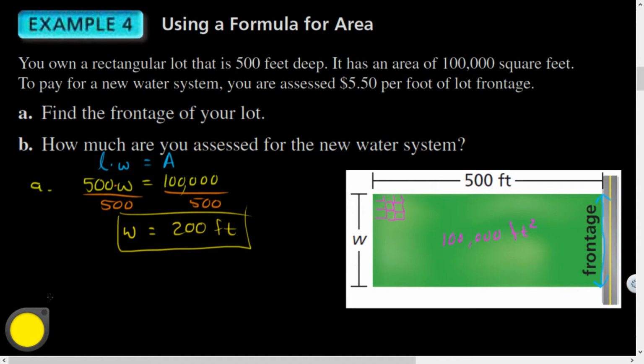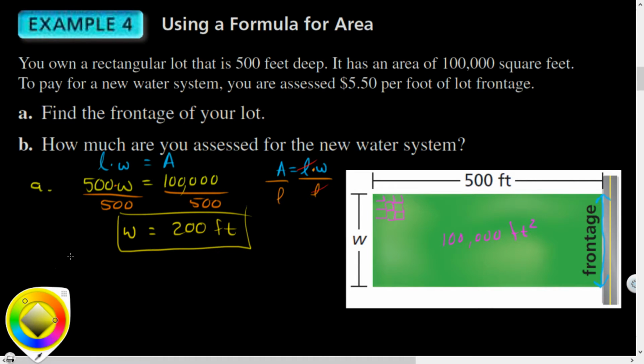So there you go. The alternative way that the book started with this, they started with A equals L times W and solved for W first, which is being multiplied by L, and you could divide both sides by L. Which is weird, right? I happen to already know these values, so that's why I plugged them in first.